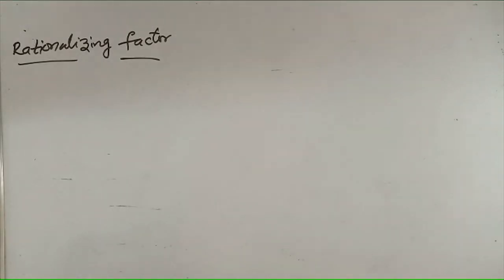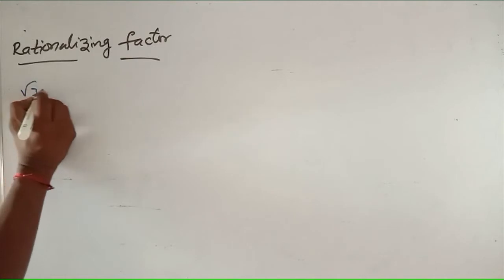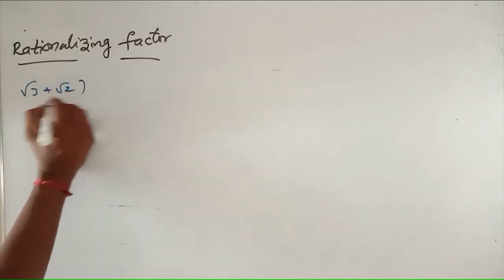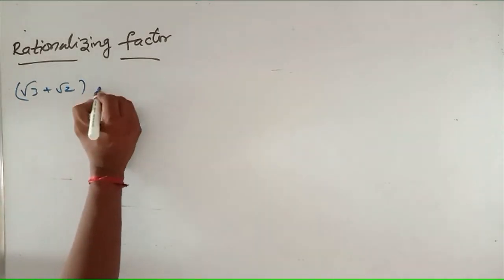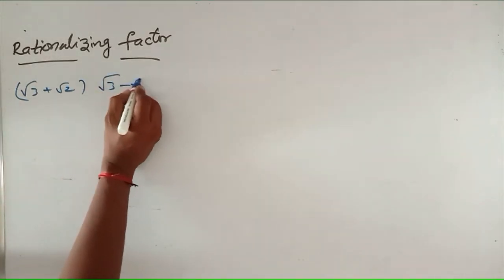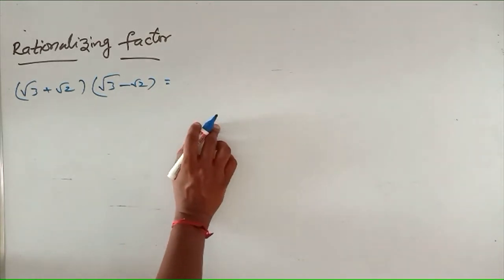If the product of two surds is a rational number, then each of the two surds is a rationalizing factor to each other. Example: here I am taking root 3 plus root 2 as one number. When this is multiplied with root 3 minus root 2, I must get a rational number.